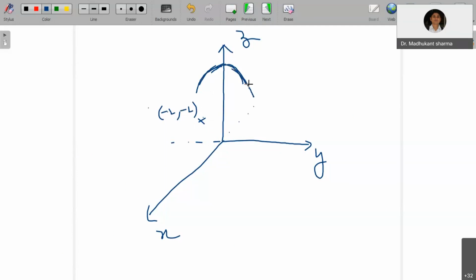Nearby, the surface will curve downward, because it has a local maximum. So you can identify the nature of the surface locally, not globally. Maybe afterwards it may go further above, we don't know, but near this point it is going to be like that.